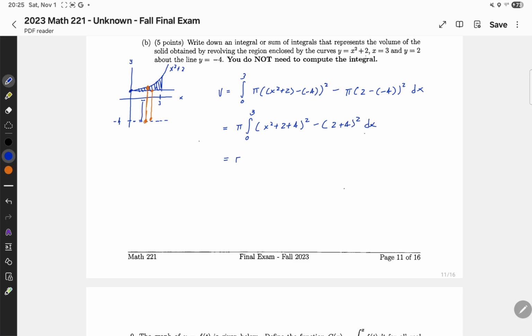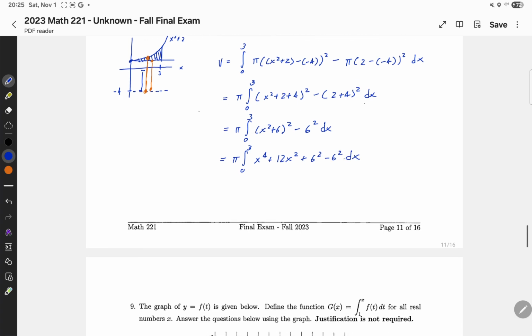This is going to be equal to pi times the, not square root, sorry, the integral from 0 to 3 of x squared plus 6 squared minus 6 squared dx. This is equal to pi times the integral from 0 to 3 of, let's expand this out, we get x to the 4th plus 12x squared plus 6 squared minus 6 squared, just like that, dx.